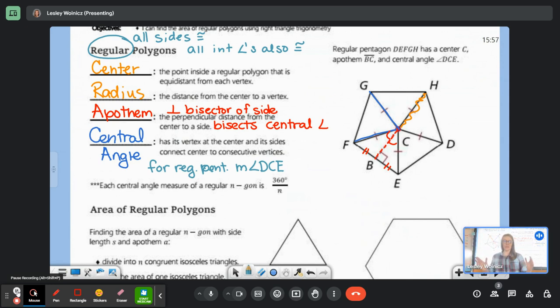How many degrees can I spin to do a complete turn in the middle? 360, perfect. So I have 360 degrees around the center. Now, how many wedges do I have? 5.